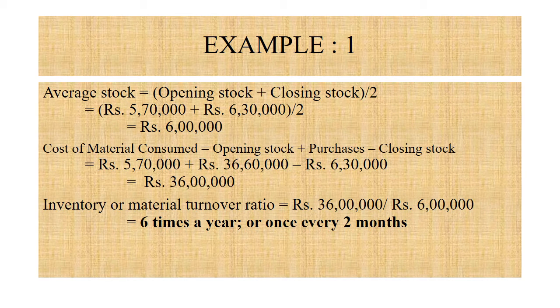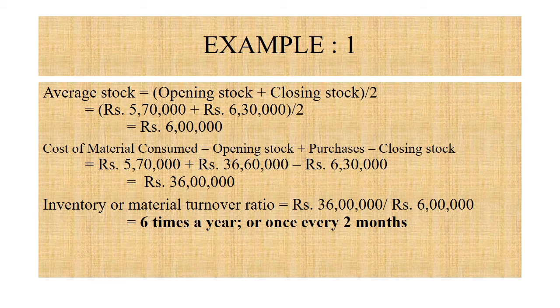To calculate it, we'll first find out average stock. Average stock is equal to opening stock plus closing stock divided by 2. We know that the opening stock is rupees 5,70,000 and closing stock is rupees 6,30,000. Divided by 2, we get an average stock of rupees 6 lakh.